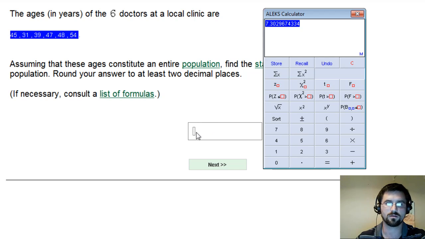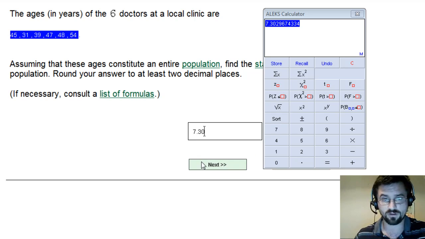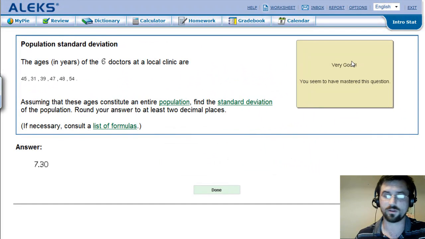There we go. That's better. Always look at your answers with a critical eye, because if they just seem wacky, it could be that they are. So there's my answer, 7.30, rounding to 2 decimal places, and very good.